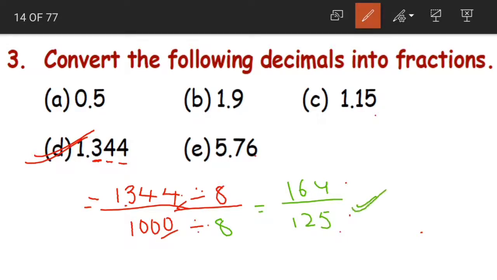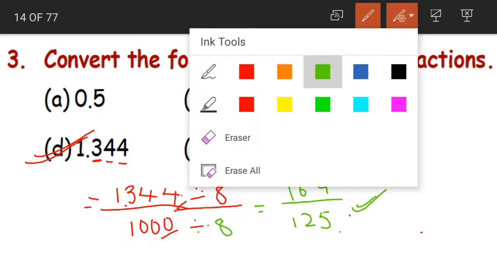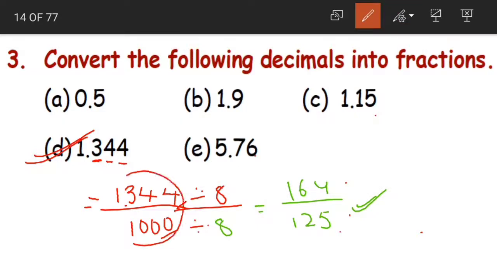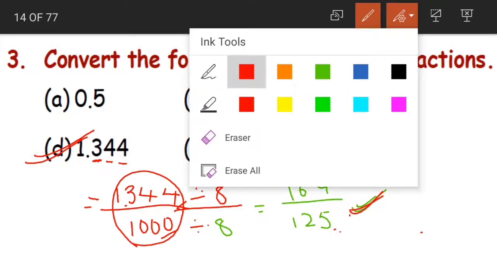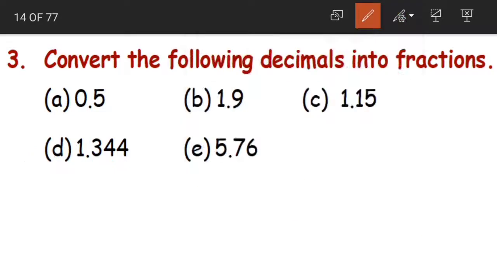So this will be our final answer children. The answer reduced to the simplest form: the fraction 1344 divided by 1000, reduced to the simplest form, is 168 divided by 125.